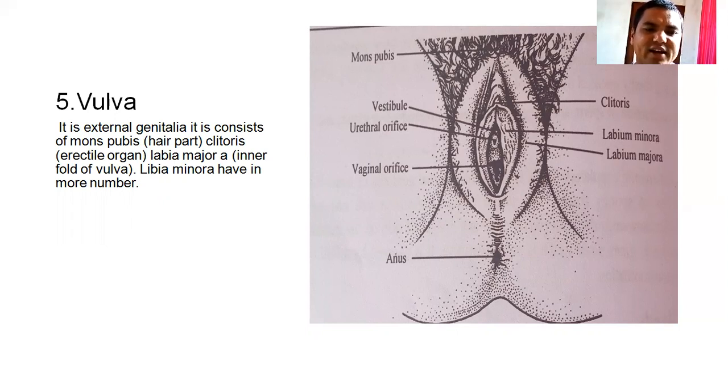Then the labia majora and labia minora. That means around the vulva you can see the mons pubis, the hair, and the clitoris, the erectile part, and the outer and inner parts are called the labia majora and the labia minora. The inner part is called the labia minora, and the outer part is called the labia majora.